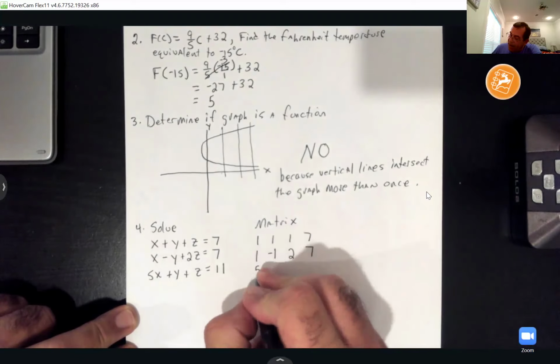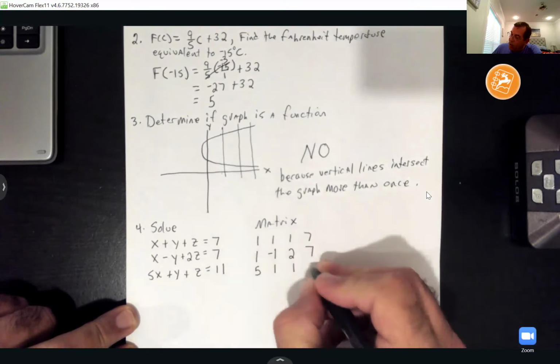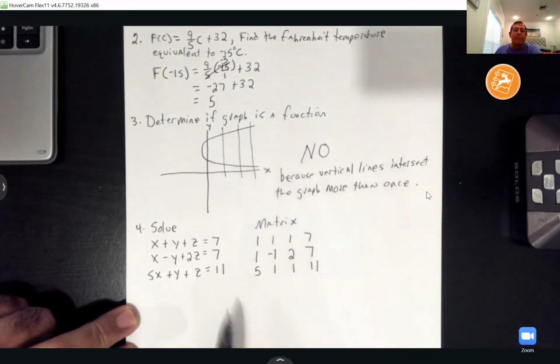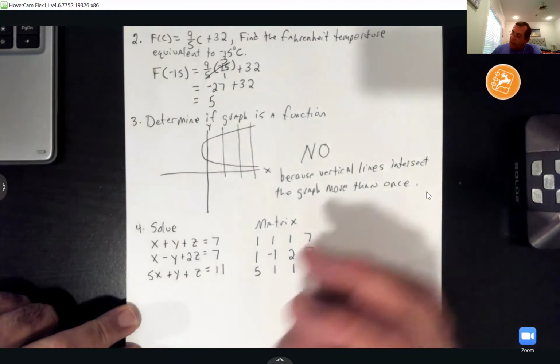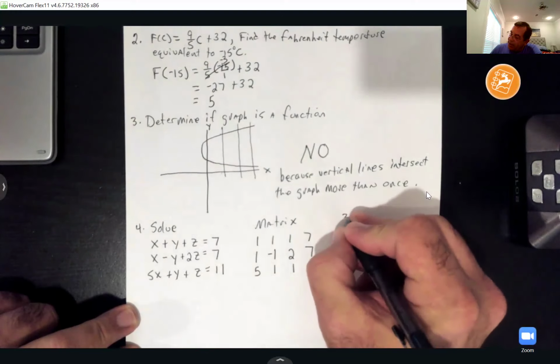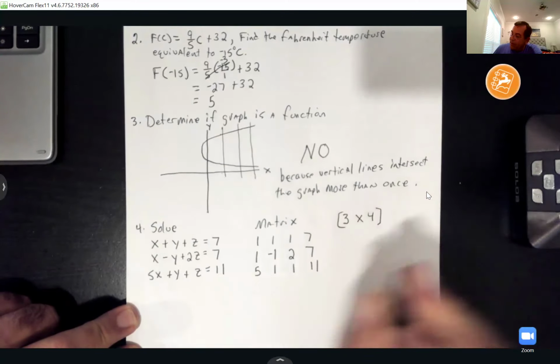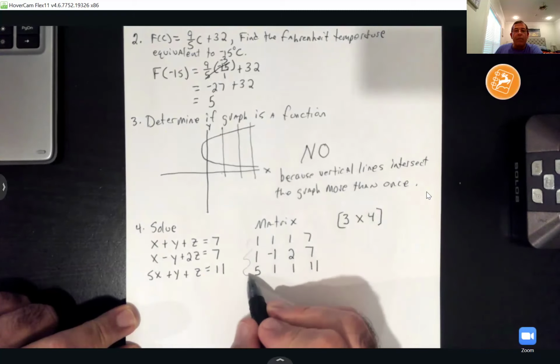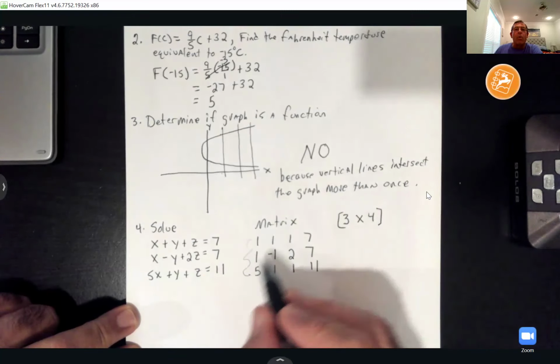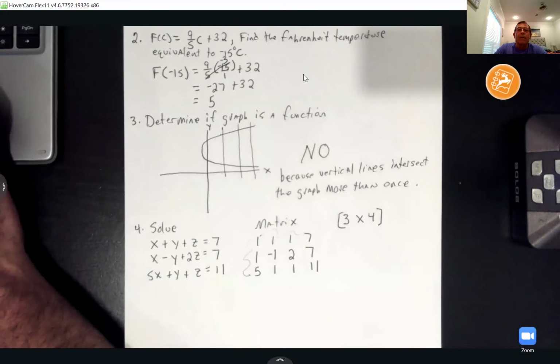And then I'll have a 5, 1, 1, 11, from 5x, 1y, 1z equaled 11. Now, I'm going to go use the matrix on the calculator. Now remember, this is a 3 by 4 matrix because I got 3 rows and 4 columns, okay?